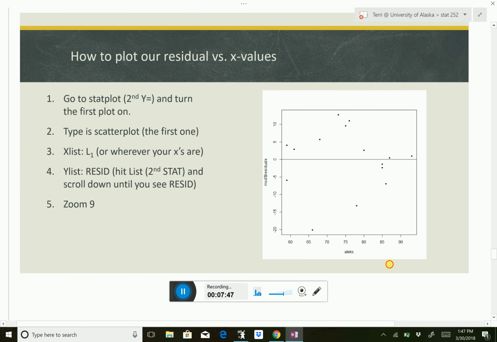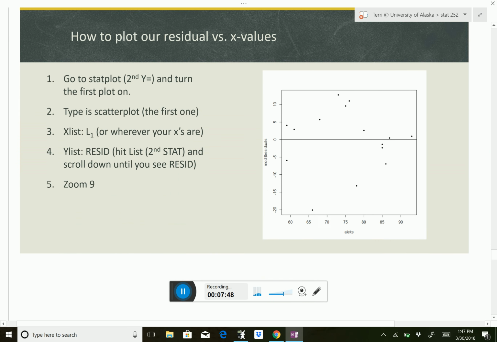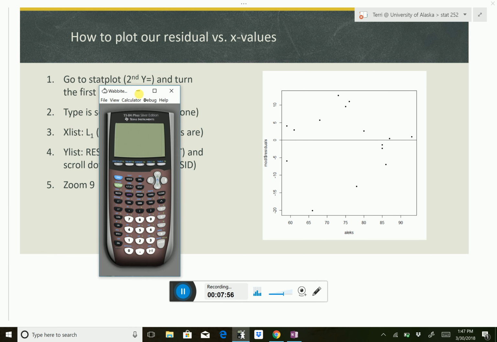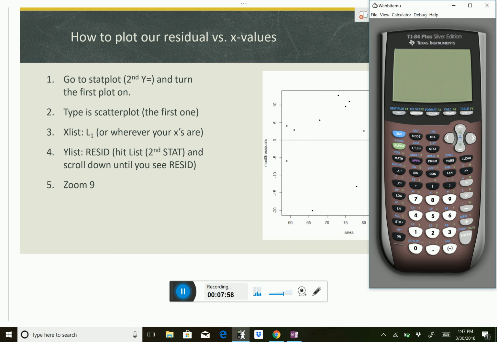So how do we make this plot? So what we're going to do is, let's say, I just did it, so I know I have it. So this is after we've run our LinRegTTest.